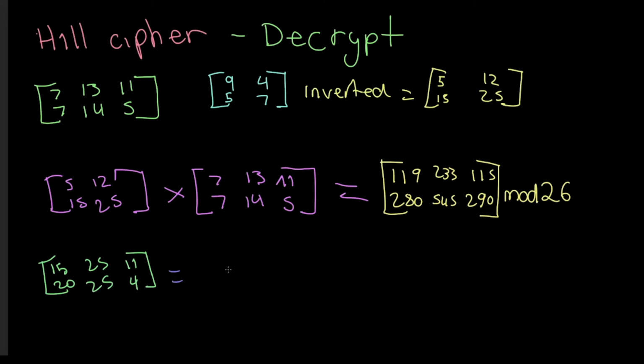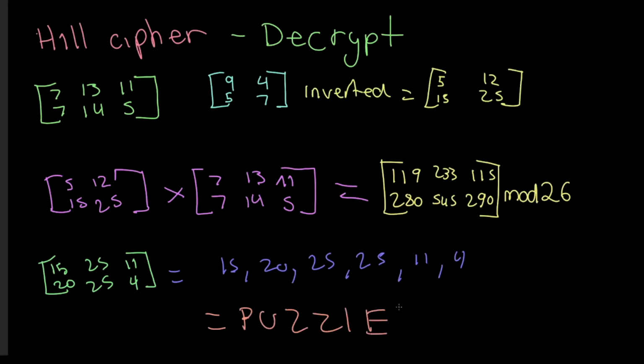So I'll write that out. So you have 15, 20, 25, 25, 11, and 4. And that, my friends, if we put back into letters, we get our plain text, which is puzzle.